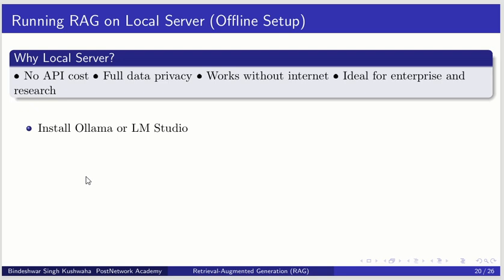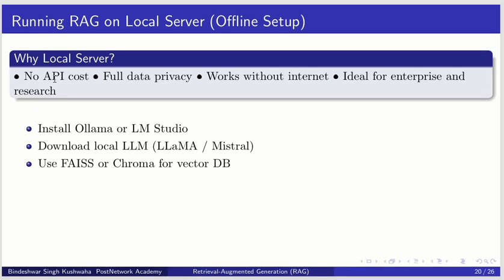Install Ollama or LLM Studio. These are the tools. Using these tools you can install open source LLMs on your system and run them. So Ollama and LLM Studio provide an environment for LLMs to run. Download a local LLM. So Llama you can download, and Mistral. Use FAISS or Chroma for a vector database.